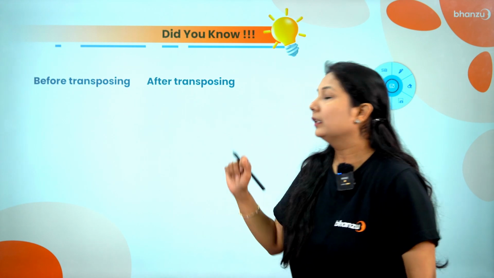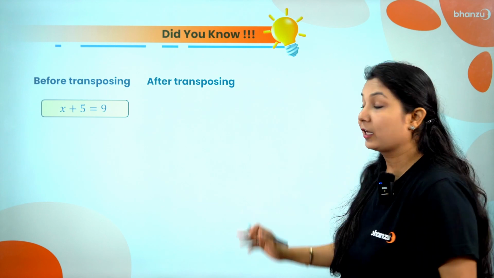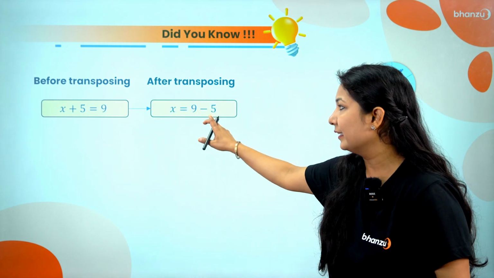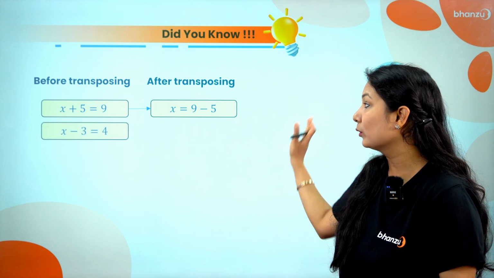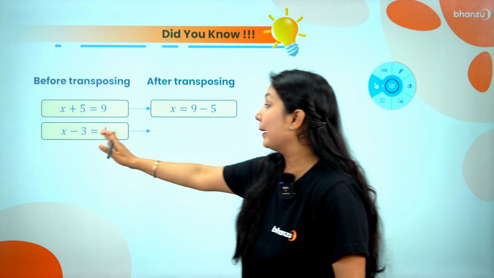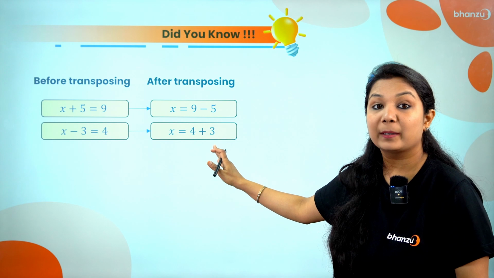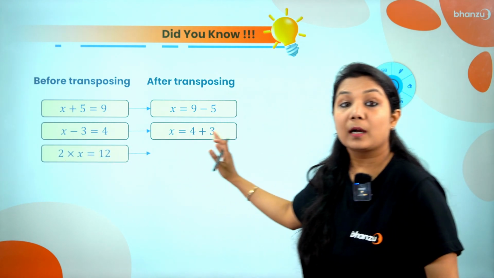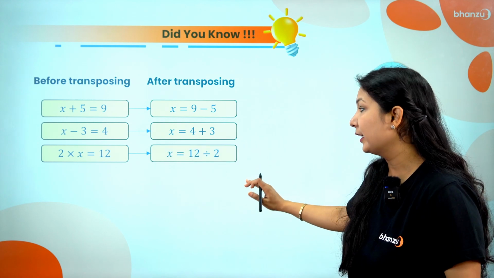Do you know that before transposing and after transposing the signs which we were checking, plus becomes minus, right? Plus 5 came to this side, it became minus 5. Minus 3 came this side and became plus 3. Into 2 comes this side and becomes divided by 2.